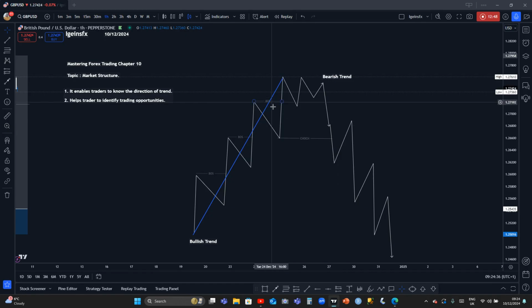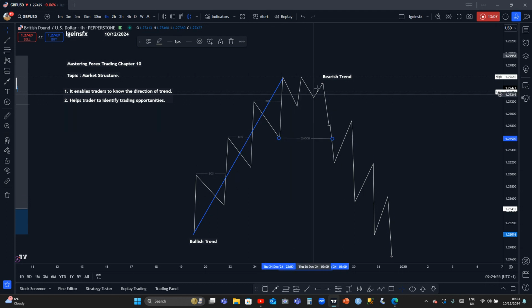The process of sellers overpowering buyers is only confirmed when there is a change of character.